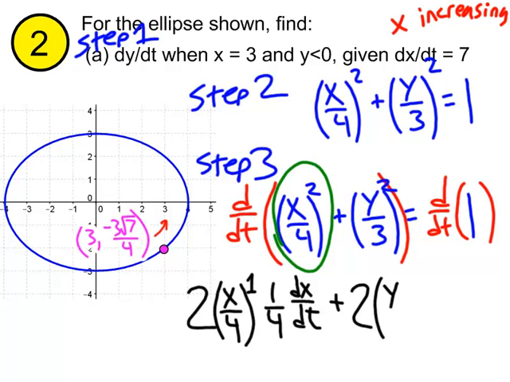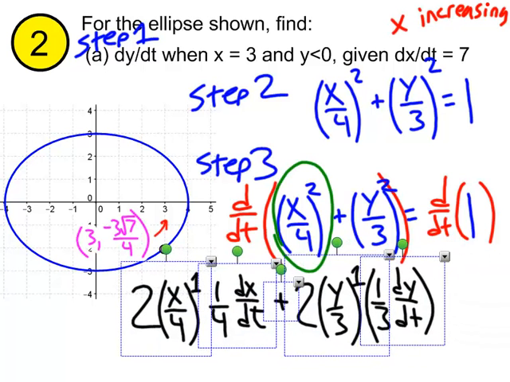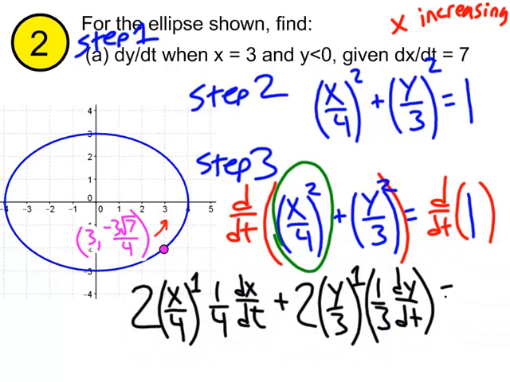Now we have y over 3 to the 1 power. Take the derivative of the inside. That's 1/3 y on the inside, so its derivative is going to be 1/3. And then chain rule, dy over dt. And if I derive the right side of the equation, the derivative of a constant will always be 0.